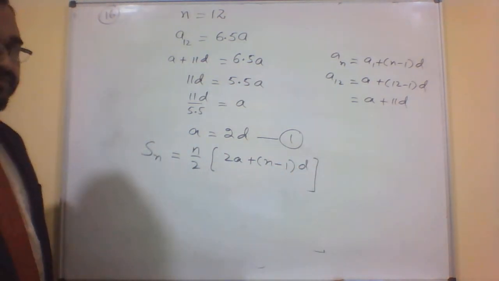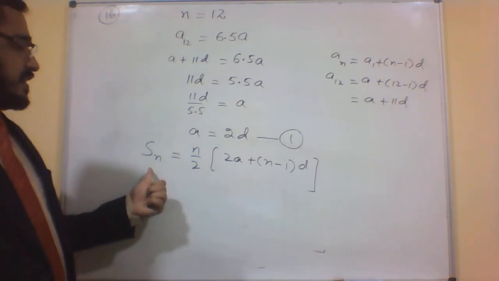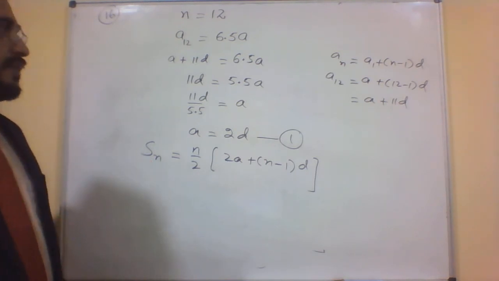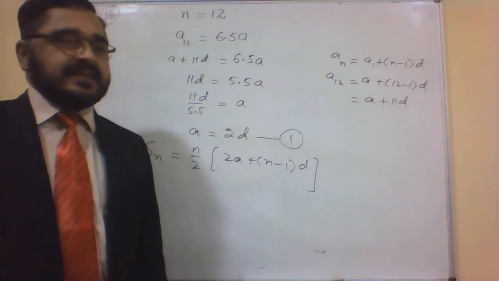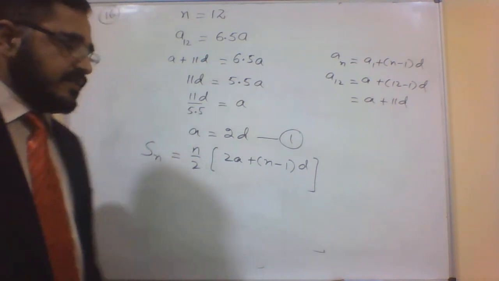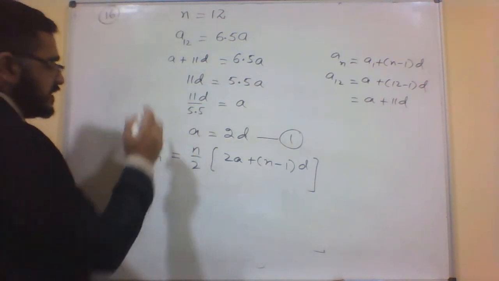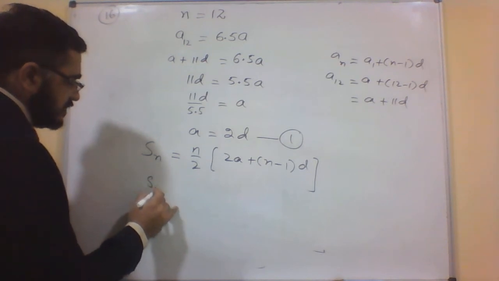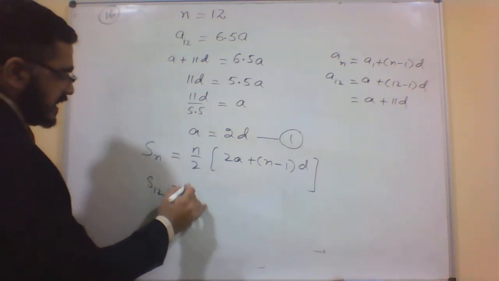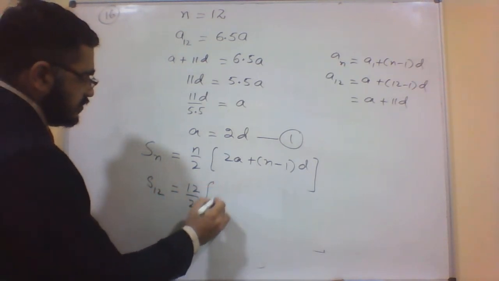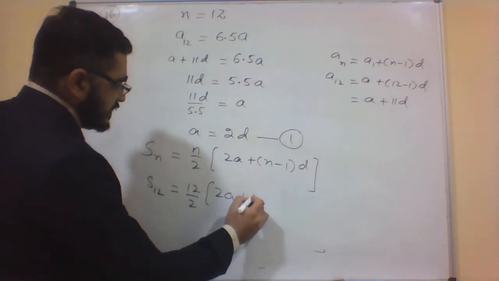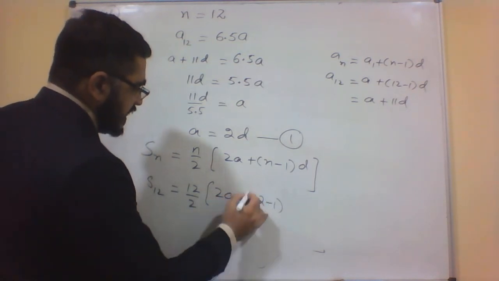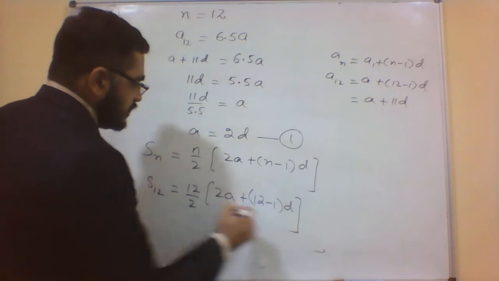This one. Here the total sectors in the circle are given as 12, and we will use 12 here. N is 12 divided by 2, 2a plus n is 12 minus 1 into d.